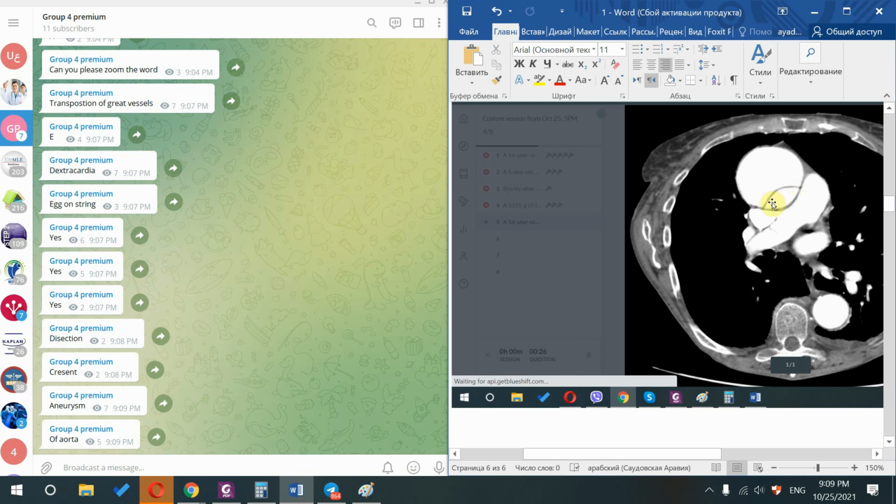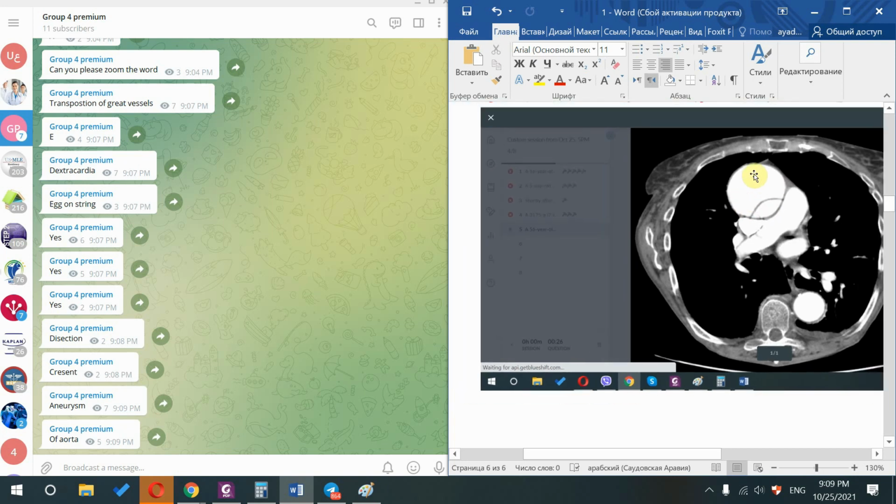So what happened here is the blood has moved under the endothelium of the aorta, and it led to the making of a fake lumen, a fake opening. And that fake lumen led to formation of two vessels inside of one vessel. So when you see that, that's the aorta.